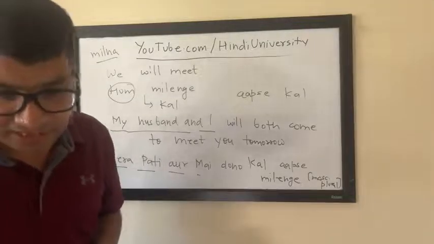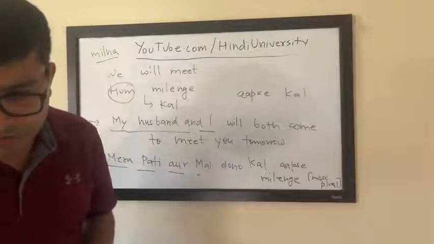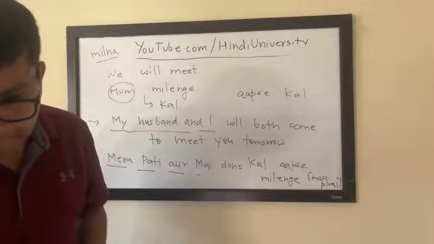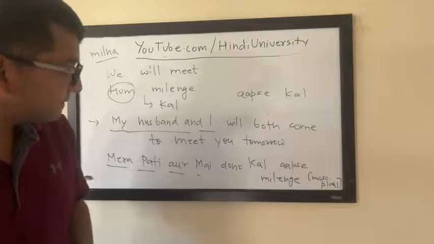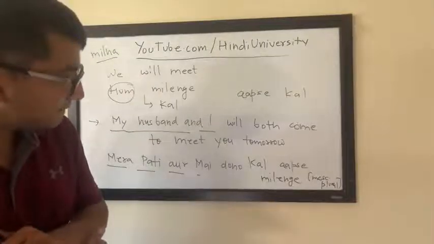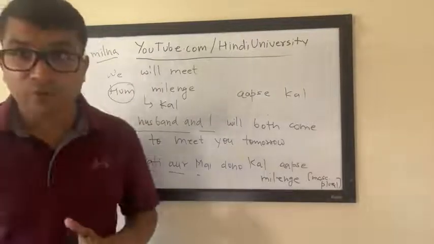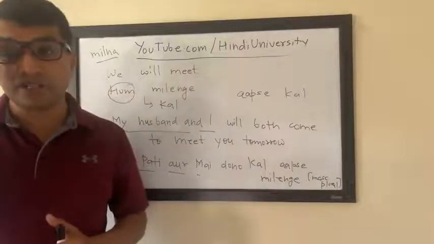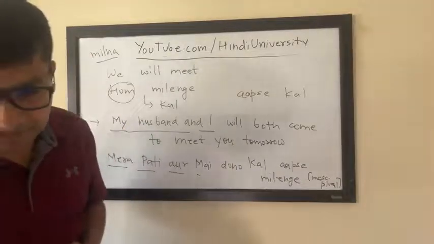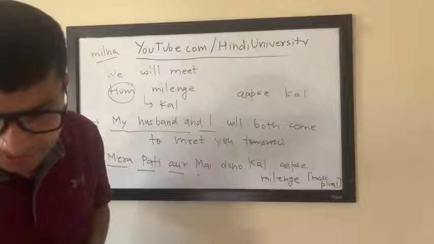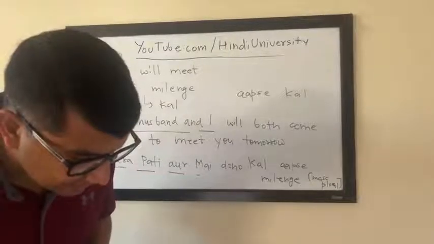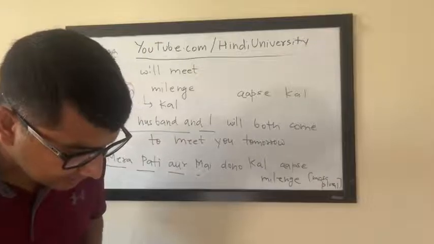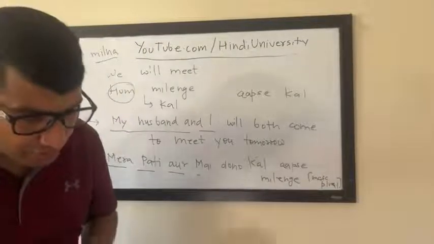Sarah ji, question, and then Uni, your question. Can you say मेरा पति और मैं दोनों कल आपसे मिलने के लिए आएंगे? Yeah, you can say that. मिलने के लिए आएंगे, for meeting you. Uni, one more time.